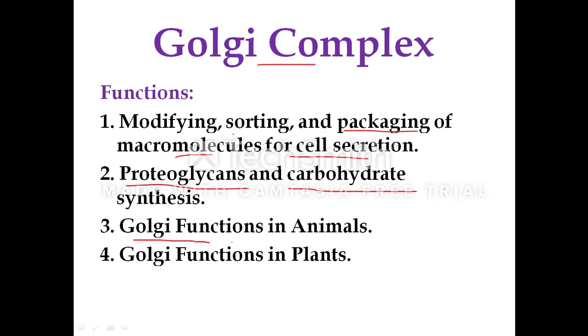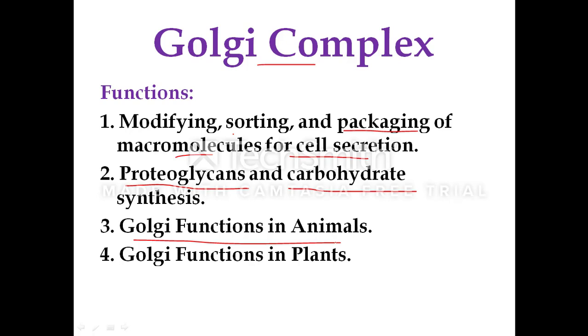Apart from that, in animal cells, the Golgi complex is involved in packaging of the biomolecules, and it is also involved in exocytosis, and this exocytosis will be very specific. So the particular biomolecule will reach the particular site of the cytoplasm.